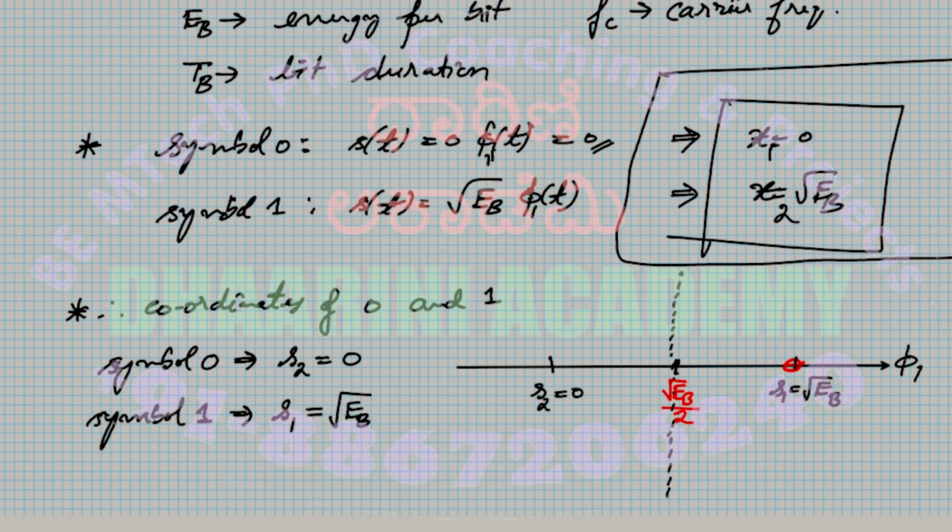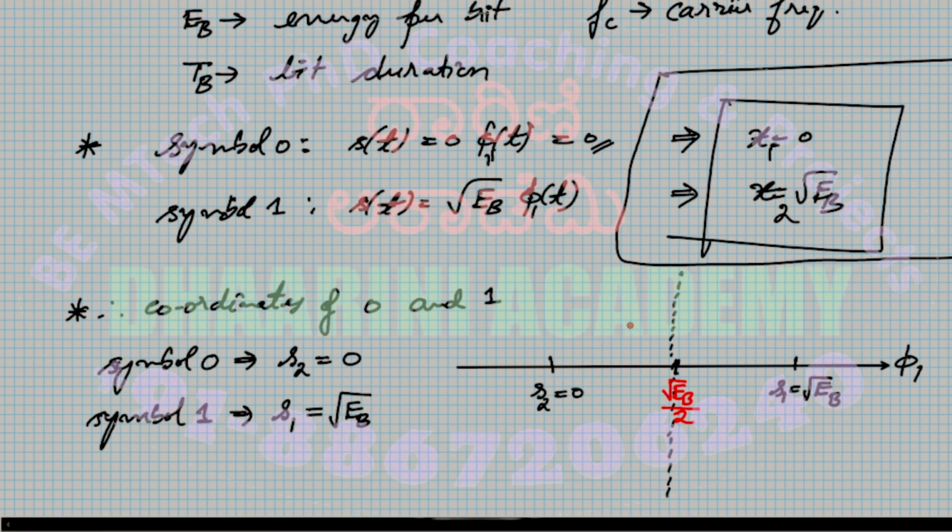But when the signal propagates through the channel and comes to the receiver, the 0 might be received somewhere here, because something has been added to the signal.